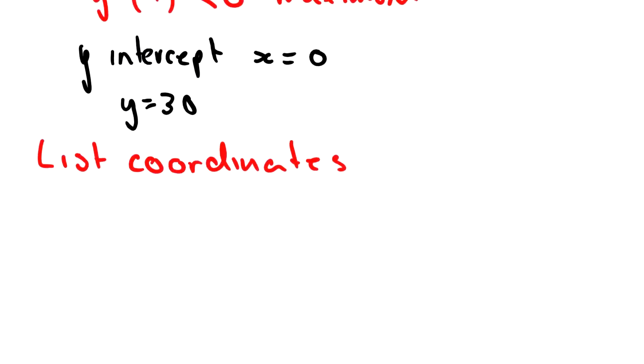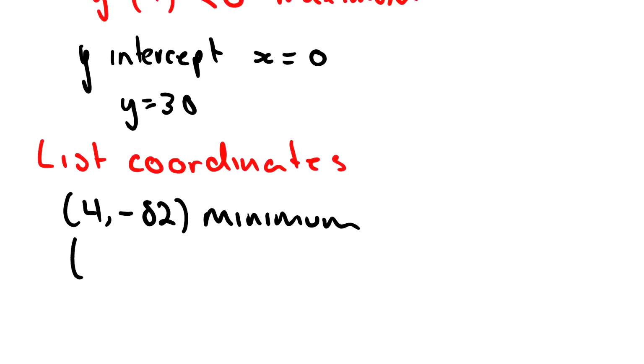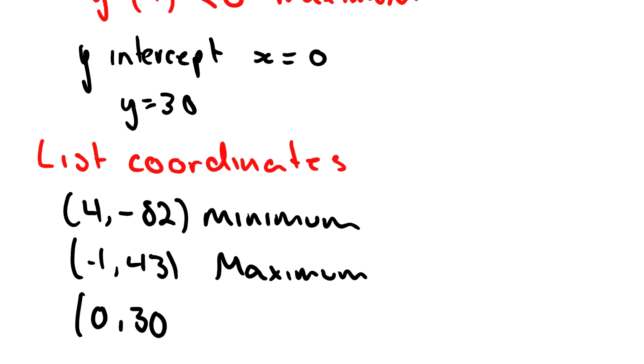Alright, so we have 4, minus 82, and that was our minimum turning point. We had another turning point at minus 1, 43, and that was a max. And then finally, we did find the y-intercept, which was 0, 30.